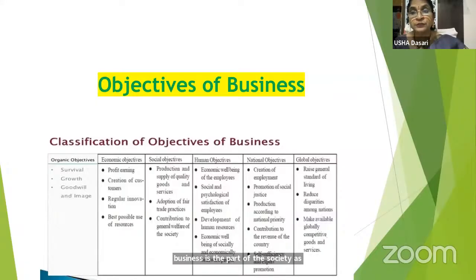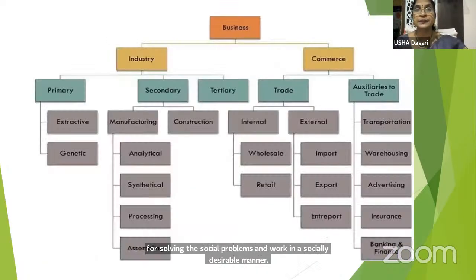As it makes use of scarce resources of the society, it must meet the expectations of the society. So the social responsibility objective refers to the obligation of the business to contribute resources for solving social problems and work in a socially desirable manner. So these are the objectives of the business.